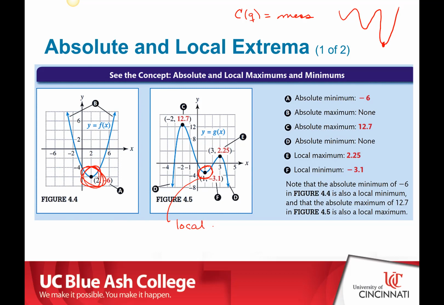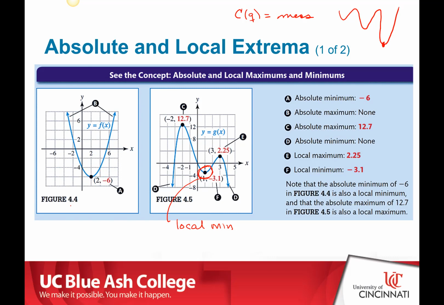Local means compared to things around it, it's the low point. But global or absolute minimum, there is no absolute minimum because where does this graph stop going down? It doesn't, does it? So you can have a local minimum here. You won't get a global or absolute minimum.